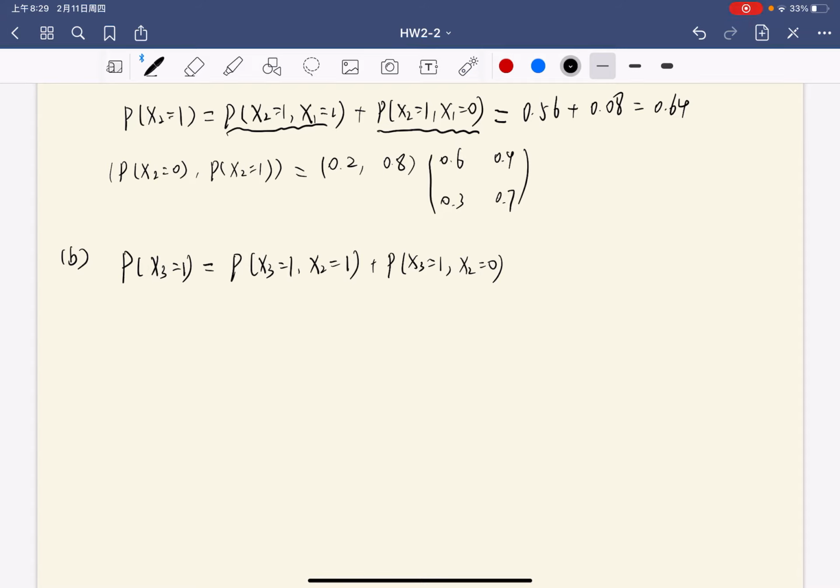From the conclusion above, if we let P(x3 = 0) and P(x3 = 1) be a vector, this vector can be calculated from the vector P(x2 = 0) and P(x2 = 1) multiplied by the transition matrix.